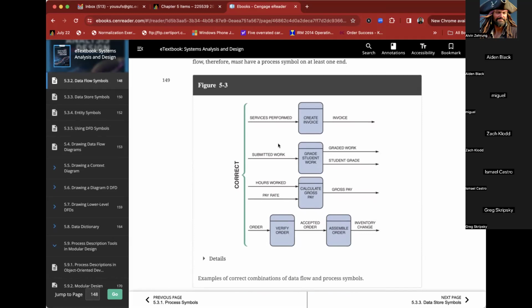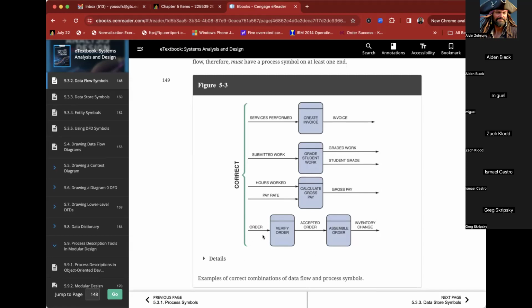Sometimes what would happen is you will have one input coming in and one output going out. Perfectly fine. Nothing wrong with that. It is also possible one input coming in, more than one outputs going out. Two inputs coming in, but one output going out.